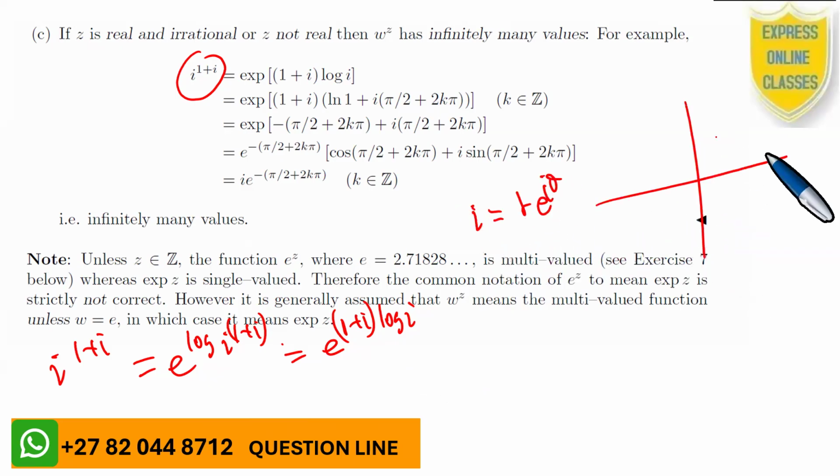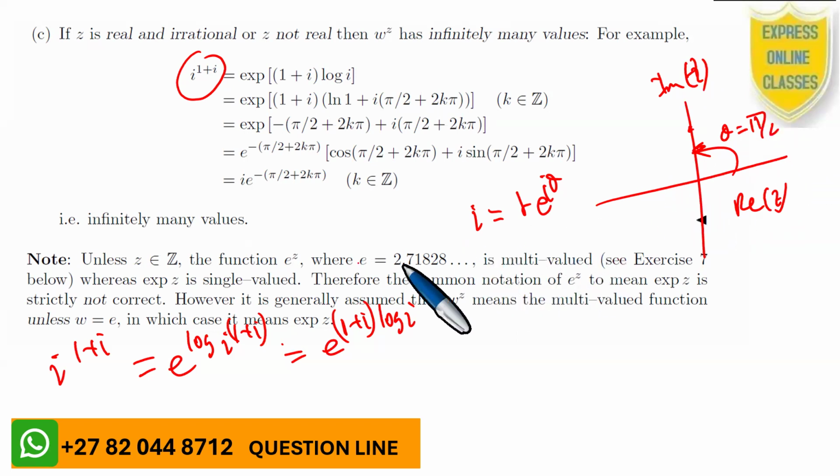So imaginary z, real z. So if I is here, theta is pi over 2 radians. The modulus of I is 1, which is 1 e to the I. The angle theta is pi over 2 plus 2k pi.